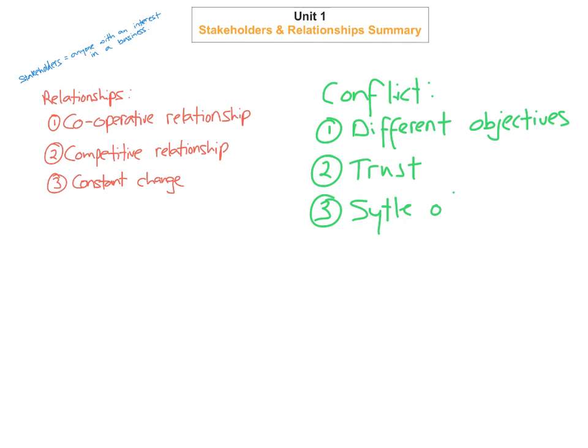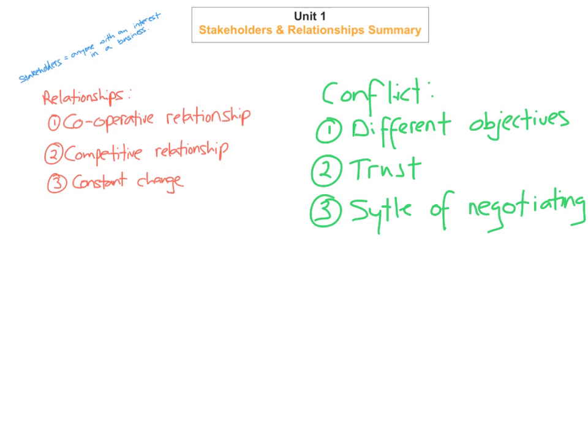There are different ways to negotiate within a business, and sometimes if it's a very aggressive style, it can come across as rude, and that can lead to different stakeholders coming into conflict. If it's a very assertive style, without intimidating somebody, this might be a much better way to go about it, and may lead to fewer conflicts between different stakeholders.